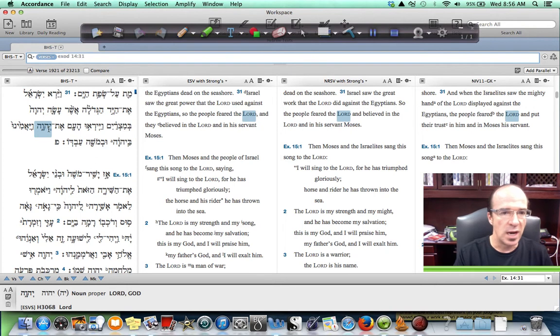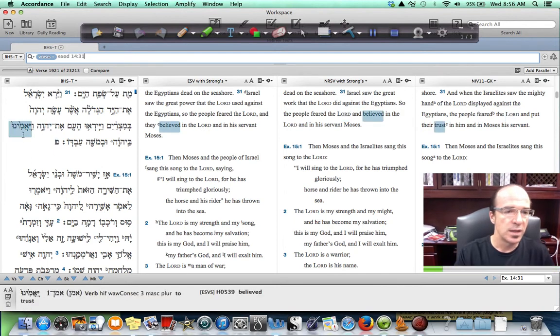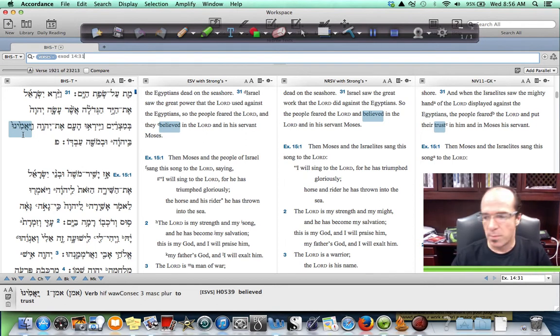Again, the next word, Yahweh: the people feared the Lord. The Lord here is the direct object, and then we have "and they believed." Here we have a hiphil past narrative, or Vav consecutive imperfect from aman. And in this case, the hiphil is declarative force. It's really declaring their belief or their support.